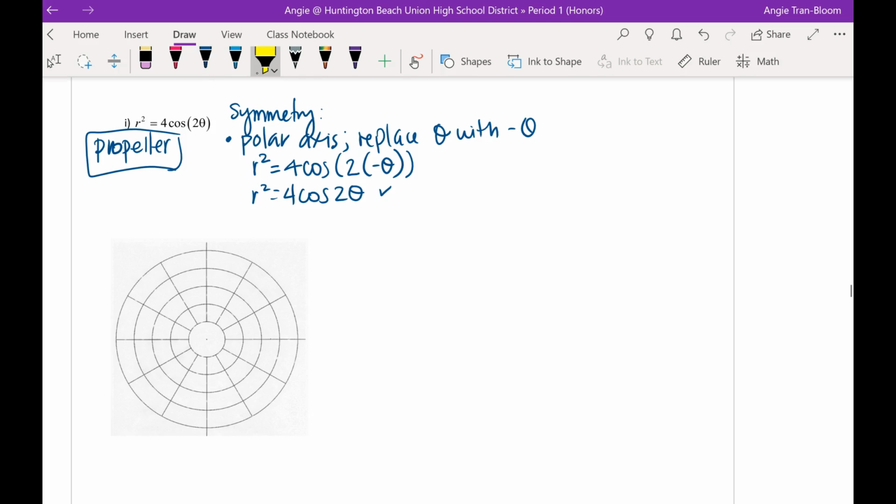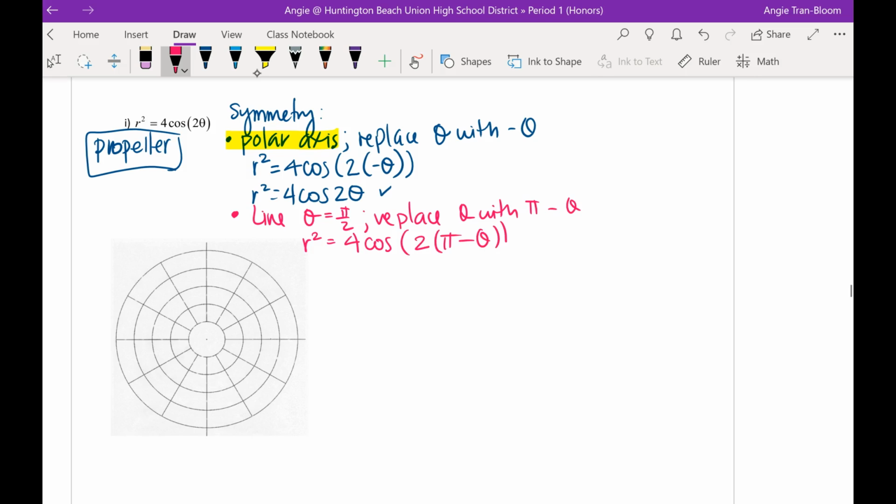It works. Okay, so once I'm done with one, am I done? No. What if there's more? What's the next test? Replace what with what? Theta with pi minus theta. All right, let's check it out. r squared equals 4 times cosine of 2 times pi minus theta.